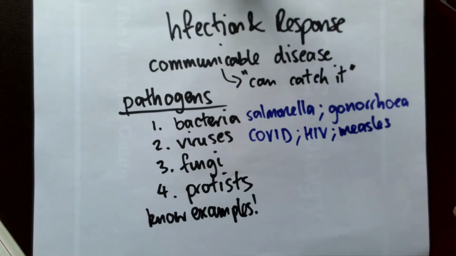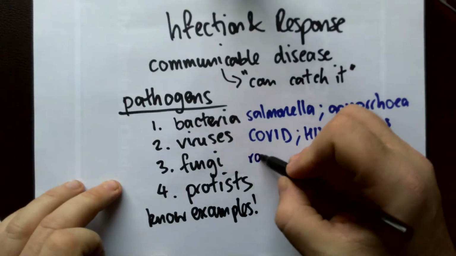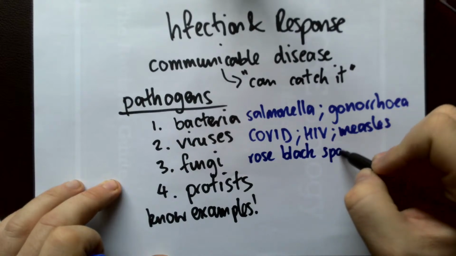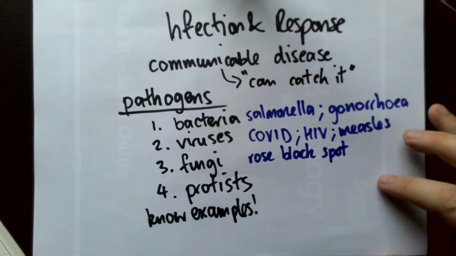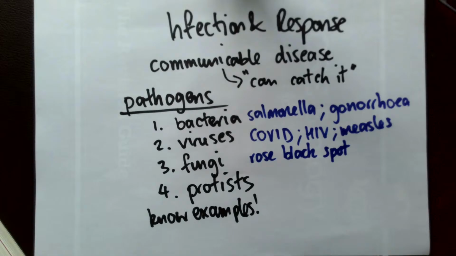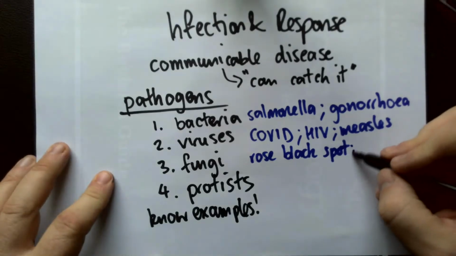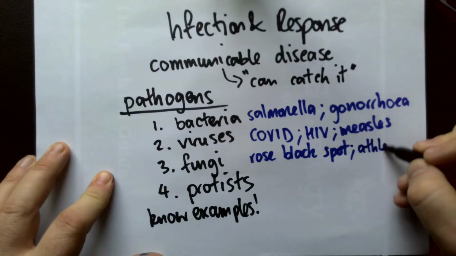Fungi, you've got things like rose black spot, and that is purple or black spots on leaves of plants, and usually it's a fungal infection. The leaves drop off, photosynthesis decreases. You could also have this one here, which is athlete's foot.